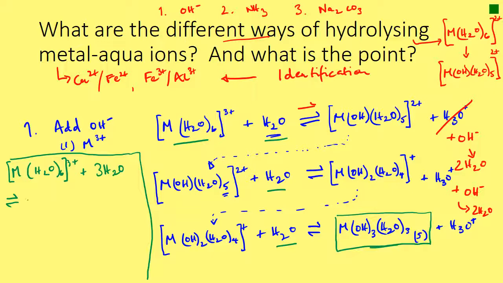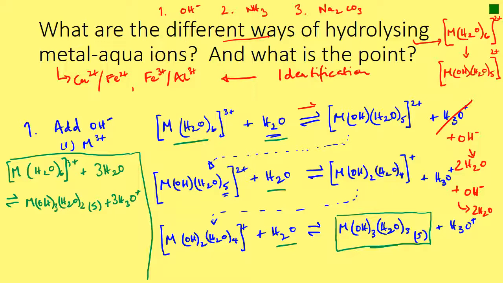We can draw that out without the square brackets because it has no charge. We've got 3 hydroxide ligands cancelling out the 3 positive charges of the metal ion. We've still got 3 water ligands left, and that's a solid. And we've made 3 hydroxonium ions in the process. So that's our overall reaction for a metal 3 plus ion when we add hydroxide to it.